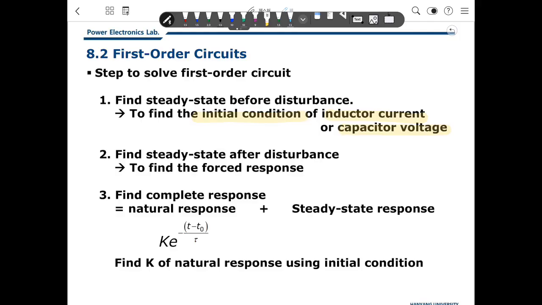To get that, we make a simple circuit from before the disturbance. Then we make the electric circuit after the disturbance. The reason is we need to find out the forced response of the circuit. Then the composite solution is very simple. We add the natural response and the steady-state response.